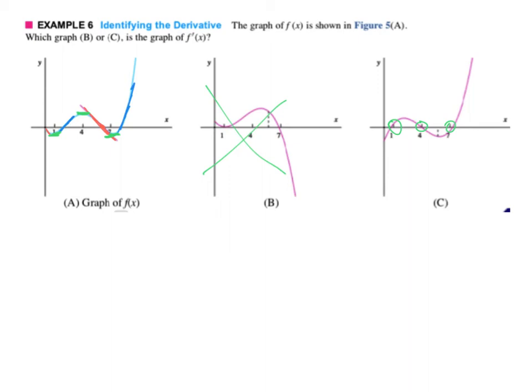Graph C also is, if it were decreasing on the original, it is negative in those same intervals. And increasing implies positive on those same intervals. So again, a decreasing function goes to a negative derivative.